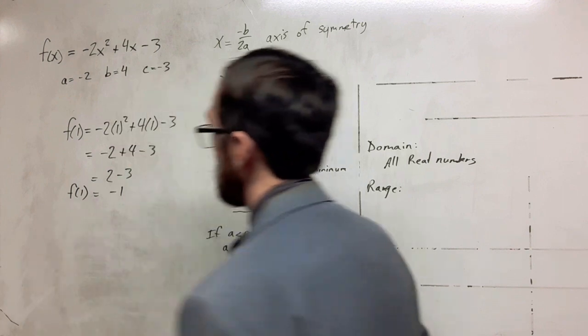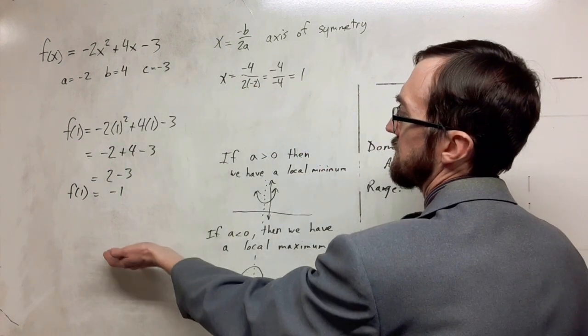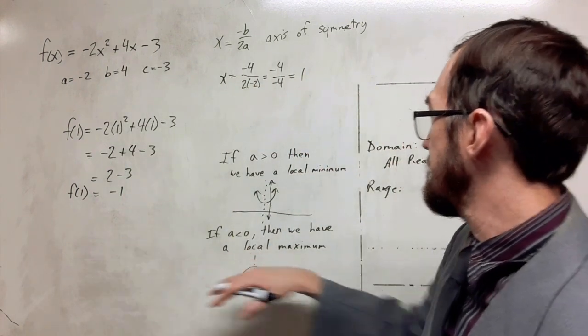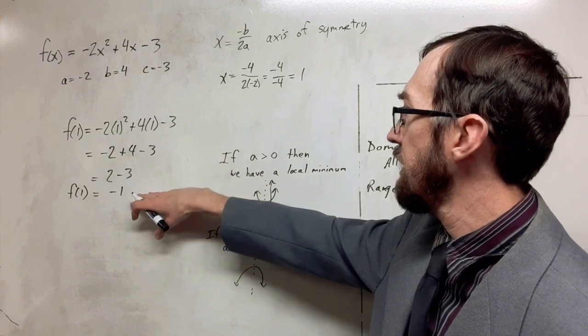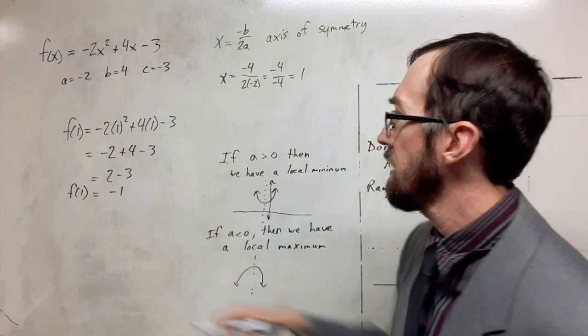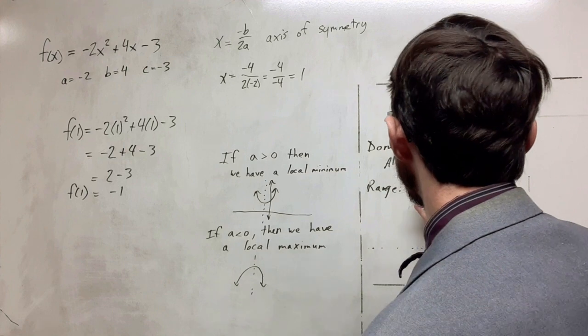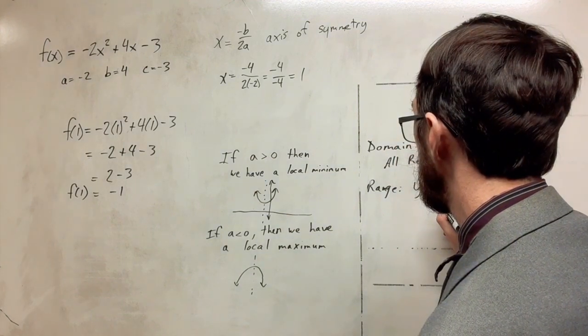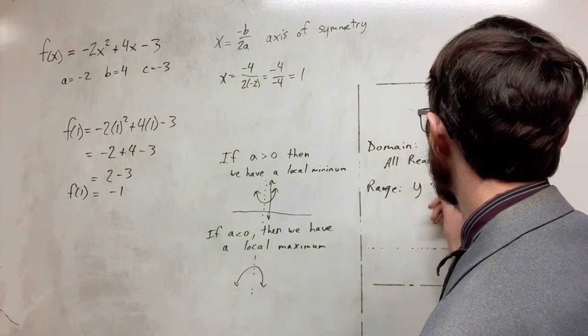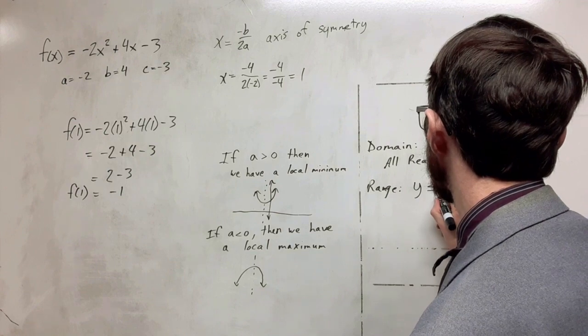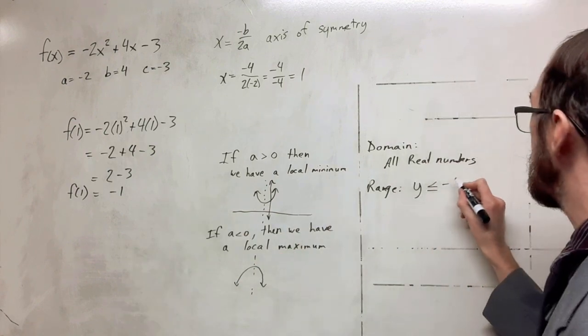All right, we see that f of 1 is going to be -1 here. Again, this is a maximum, so all of our y values are smaller than this. So y is going to be less than or equal to -1 there.